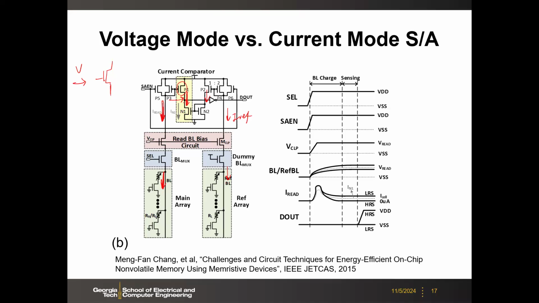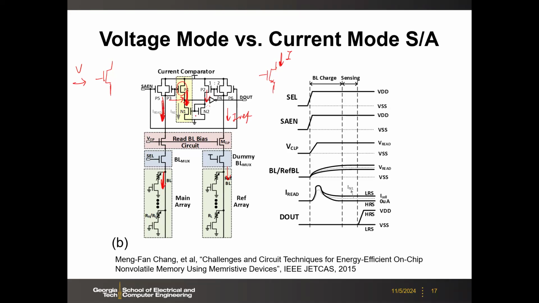Here, the signal, which is the current, goes to the drain or the source. That is current mode. The input signal, which is this current copied to here, is injected to the drain of this transistor. So that's why this is current mode.